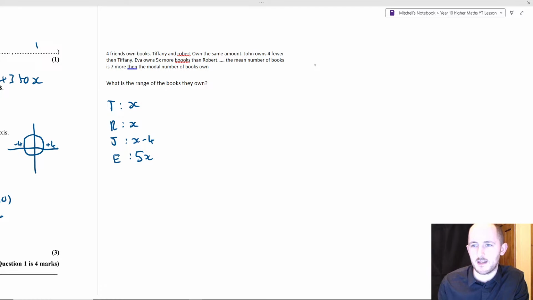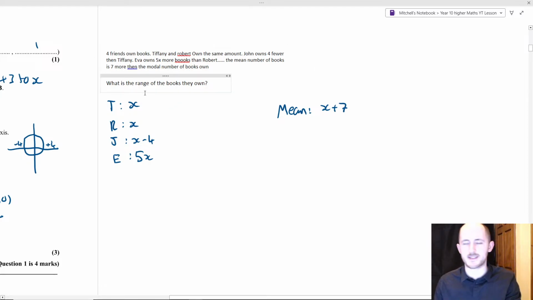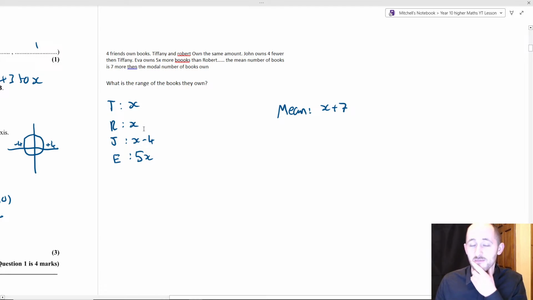And the mean number of books is 7 more than the modal number, so that means the mean is just x plus 7, because the modal number of books is whatever Tiffany and Robert have. Okay, so what's the range of books that they own? So the mean is x plus 7.